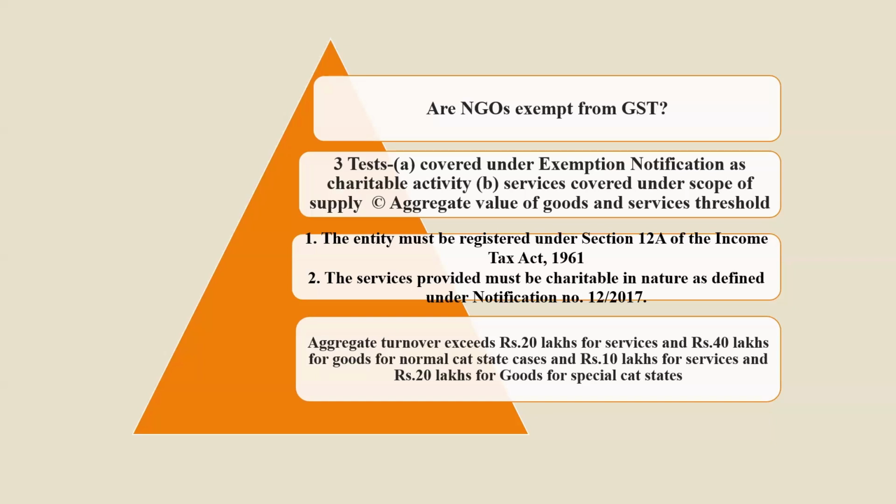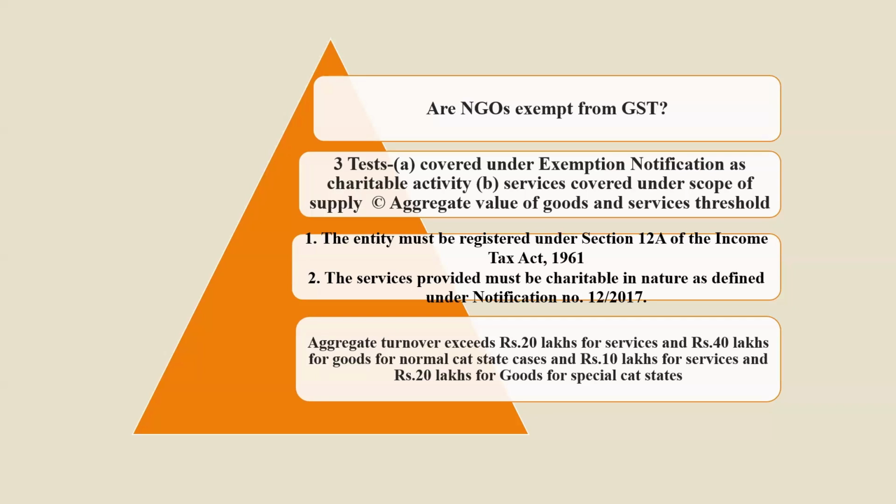The second is deciding on whether the services are covered under the scope of supply. We have seen the scope of supply in the previous slide. So the second thing is, if you're not covered under the exemption notification, run the second test, which says, does this work get covered under the scope of supply?